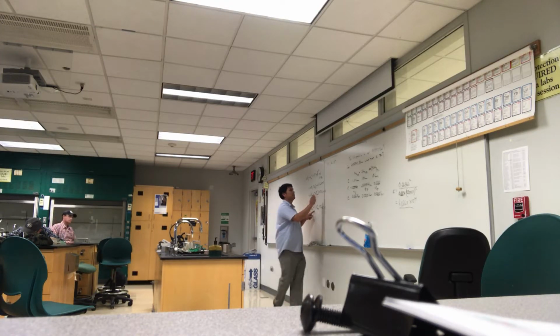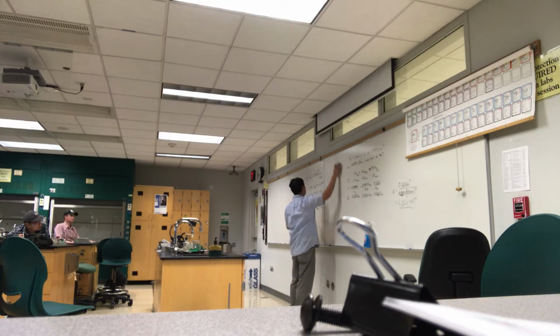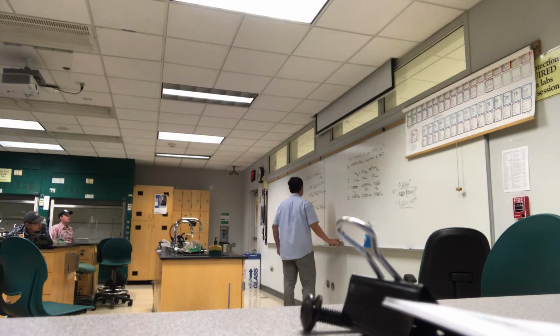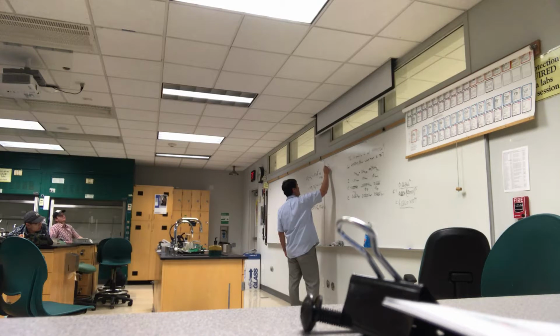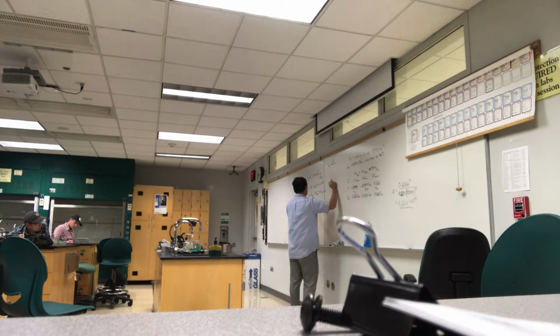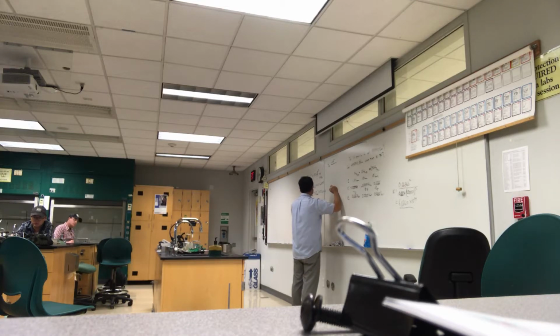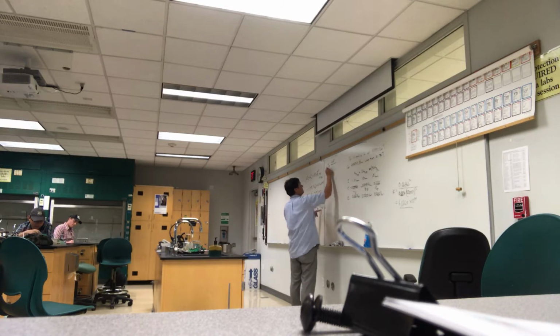Then solving this for T, maybe subtract this from both sides. So we'll get T is equal to delta H naught. Actually, I'll leave this on this side and take this away. So we'll end up with delta S naught minus R ln of K.